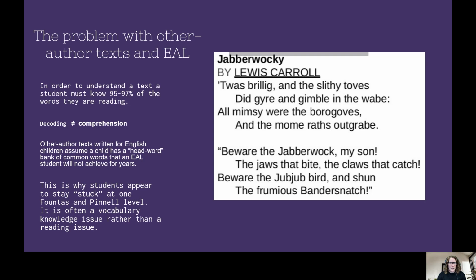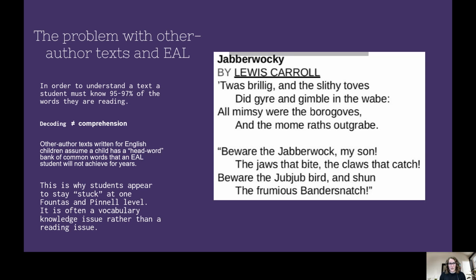So I'll also go into the problem with other author texts. So I've become kind of critical recently of the Fountas and Pinnell system for reading, for our EAL students in particular. So if you look at this poem, Jabberwocky by Lewis Carroll, it's got lots of nonsense words in it. And the problem is we don't know what those words are. We can decode them, but we can't comprehend them.